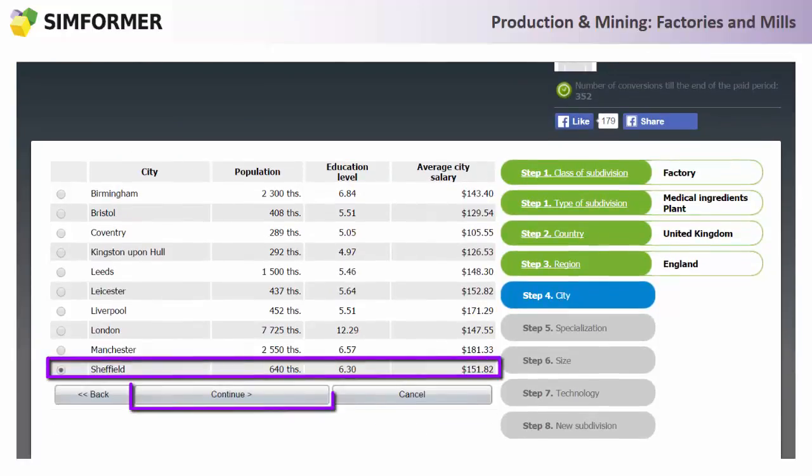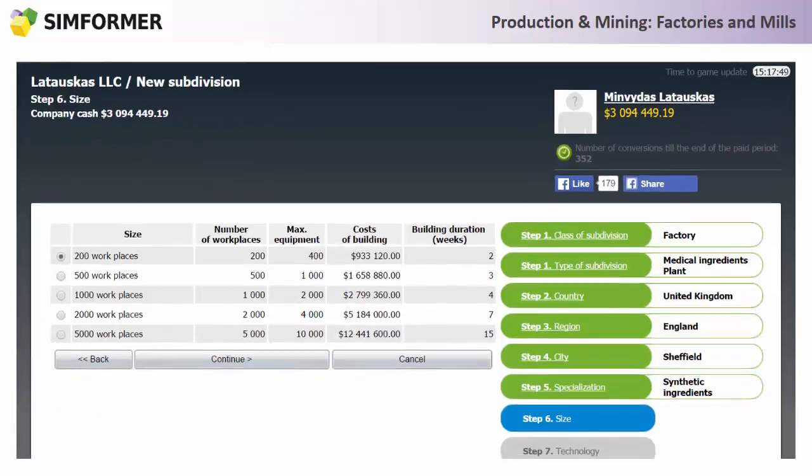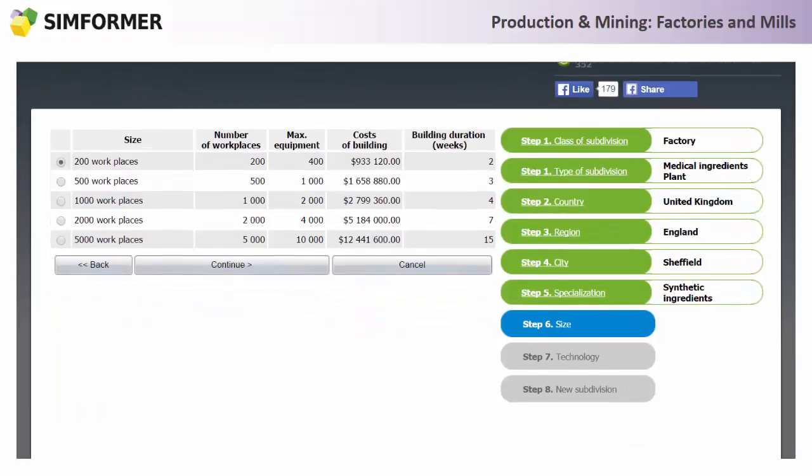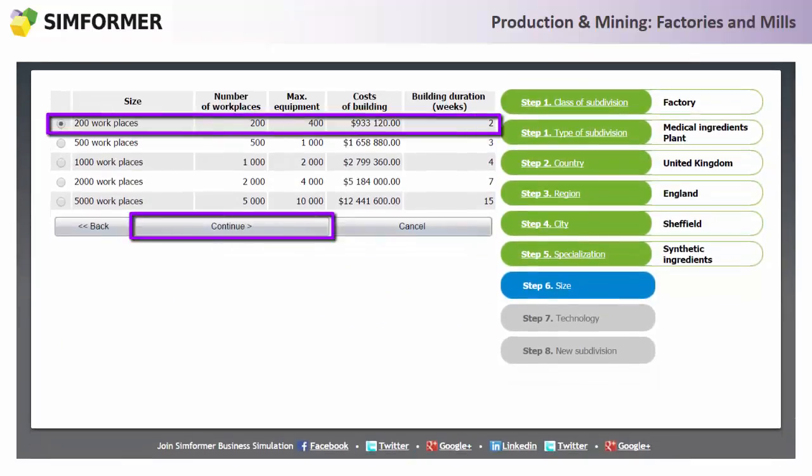You can choose the size of the factory. Naturally, the more workplaces it has, the higher will be the price, and more time will be needed to open it. You can actually start from opening the smallest one and then expand it later on. Also, you can choose the technology introduced into your factory.